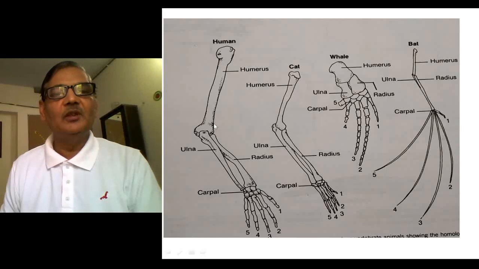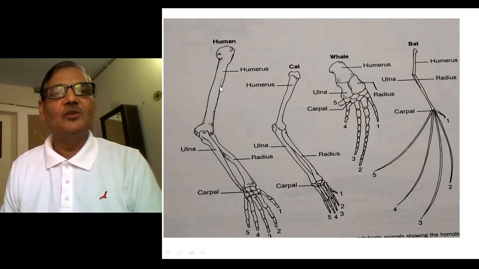And if you see the development of our limb or the limb of other mammals, you will find that the pattern of their development will be exactly the same. See here the internal skeletal support, that is almost similar in all these cases.